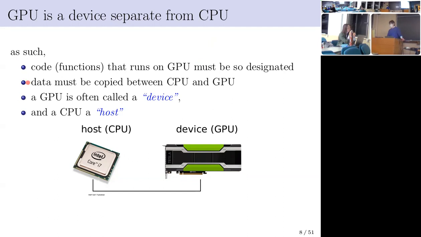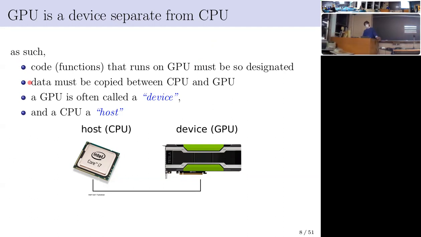The other thing is that data also must be moved between the CPU and GPU back and forth, because these are two separate devices. So there's no automatic data sharing between the CPU and GPU. But it is actually changing these days.